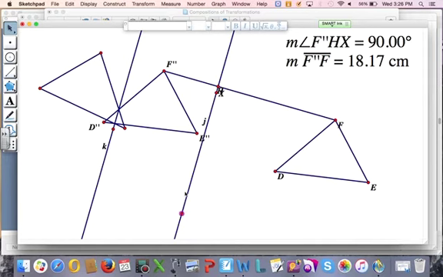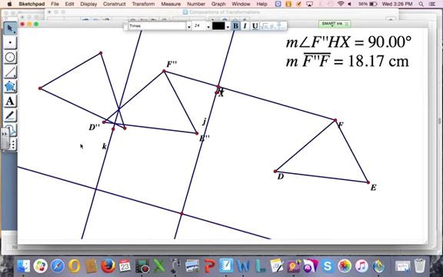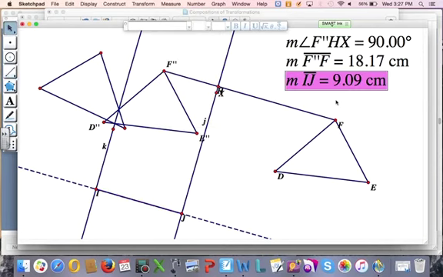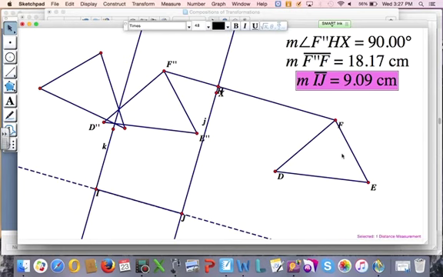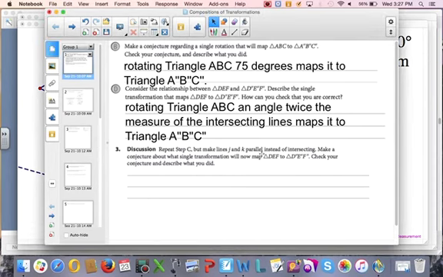Nope, it doesn't, but the distance between them would be a perpendicular segment, so I'm just going to draw a perpendicular line and then measure the length of this segment. Well, they're not the same, but once again, I'd hope that you'd notice, oh, there's an interesting relationship going on here. The triangle traveled a distance that is twice the distance between the two parallel lines.